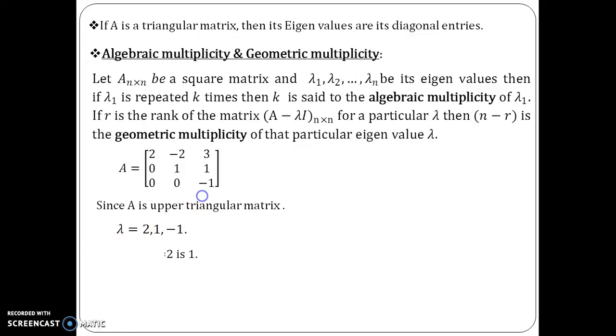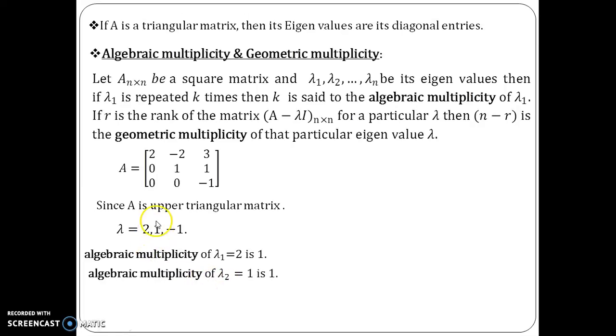So algebraic multiplicity of lambda 1 equal to 2 is 1, since it is repeated only once. Similarly, for eigenvalue lambda 2 equal to 1, it is again 1 because 1 is also repeated one time. Similarly, for lambda 3 equal to minus 1, it is 1.